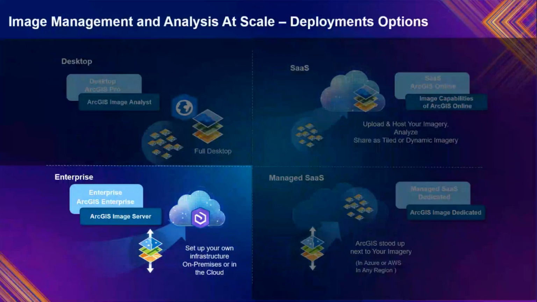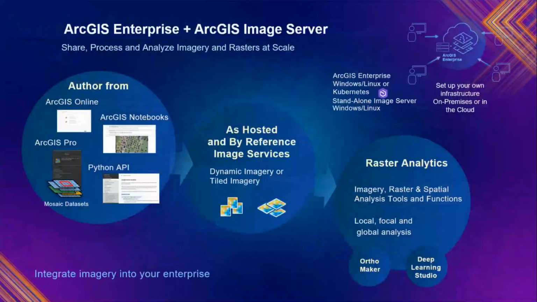So you set up this ArcGIS Enterprise within your organization, and you add ArcGIS Image Server to it. Again, the authoring for Enterprise can not only be from ArcGIS Pro, but you can use other aspects such as notebooks and the Python API to author the data which goes into ArcGIS Enterprise.